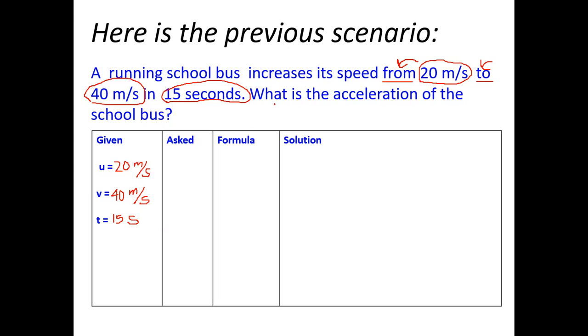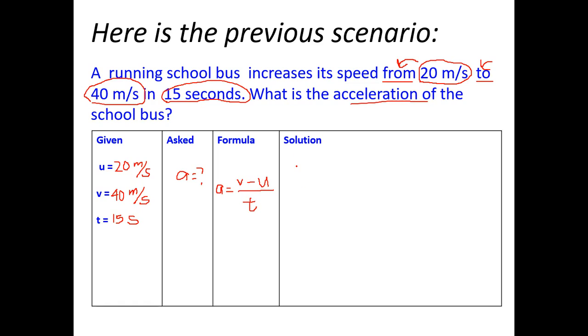Now what is asked in this problem? The problem says, what is the acceleration? So what is asked is A. Your formula is A equals V minus U over T. Remember, that is your formula.